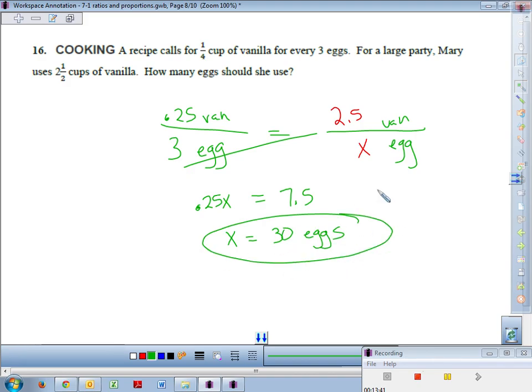Now I do know that this one came out nice, but back to my story situation, like when you go to a real life place, like let's say a hardware store, and you need to get some lumber, you don't go back there and be like, excuse me, can I get 9/2 feet of lumber? 9/2, which is an improper fraction, just doesn't make any sense. 4 1/2 feet makes sense, even though it's the same number.